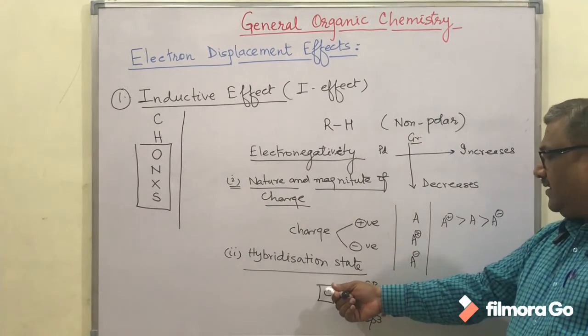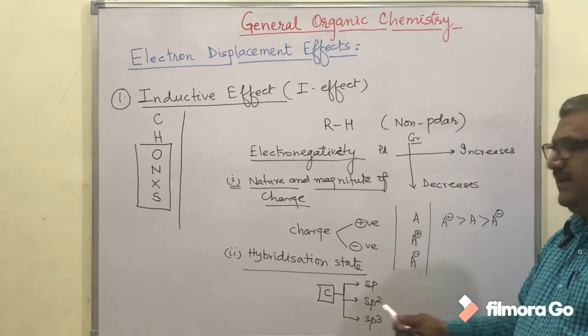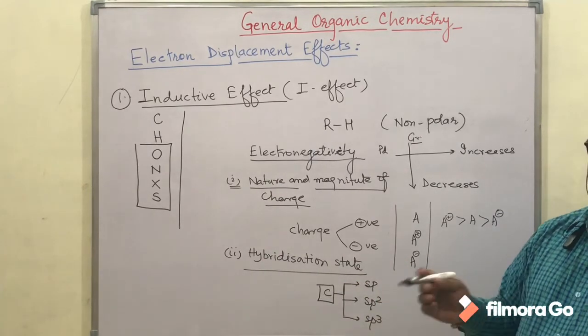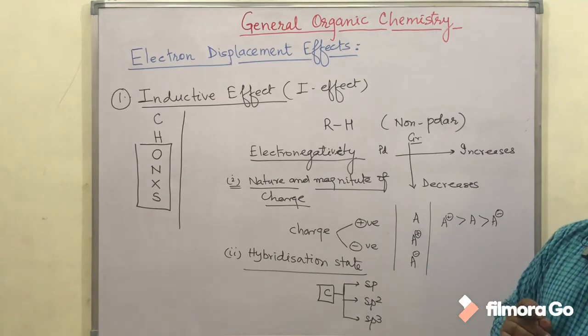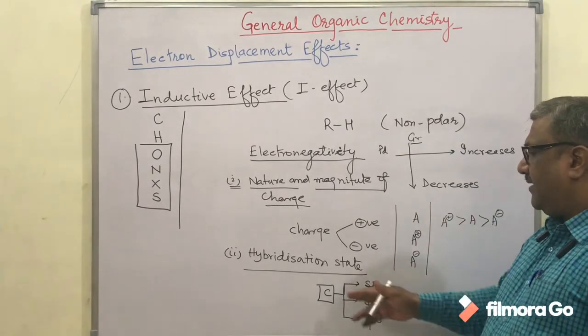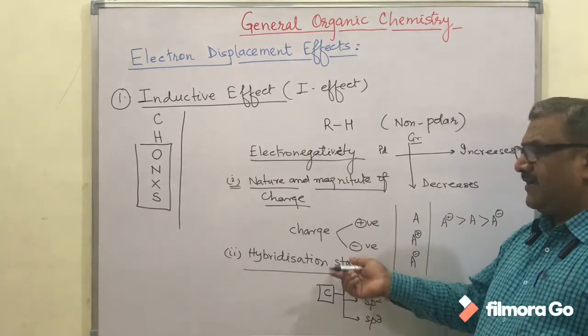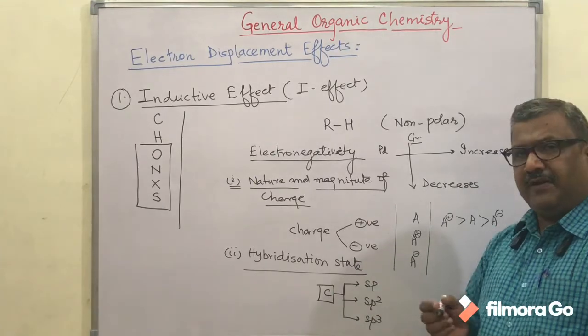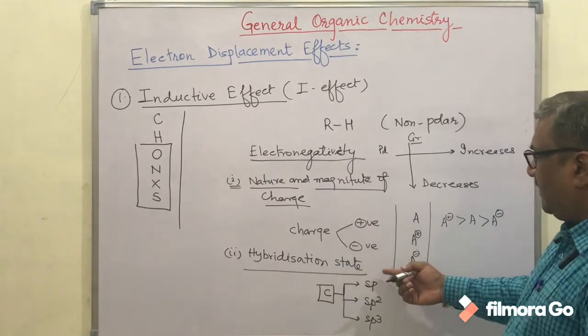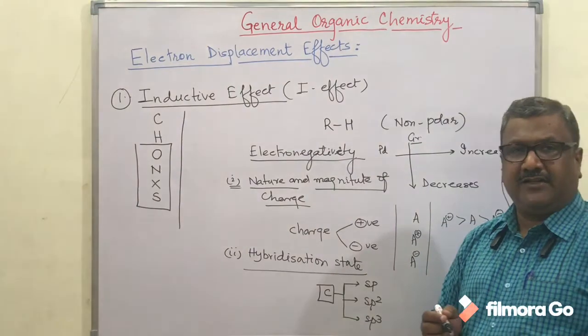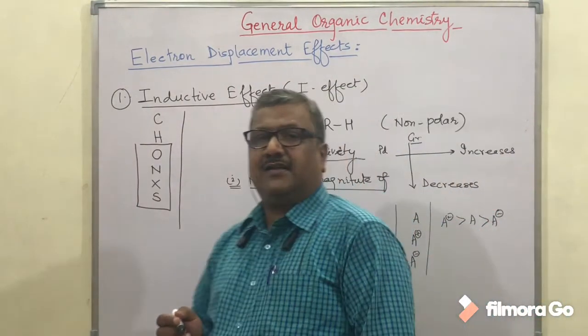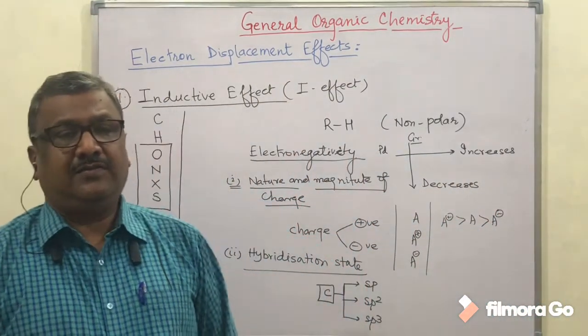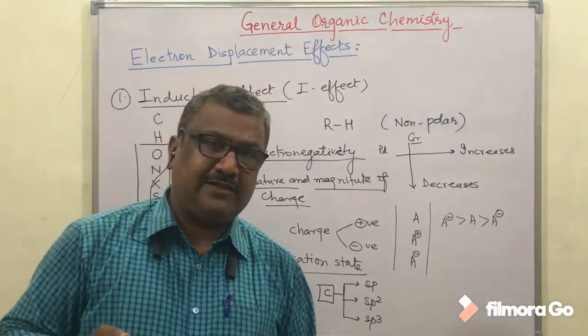So if the carbon is present in these three hybridized states, it is applicable to any atom, not only carbon. I am taking the example of carbon, but it is applicable to all. So if any given atom is present in different hybridization states, then its electronegativity will also be different. It will not be the same.